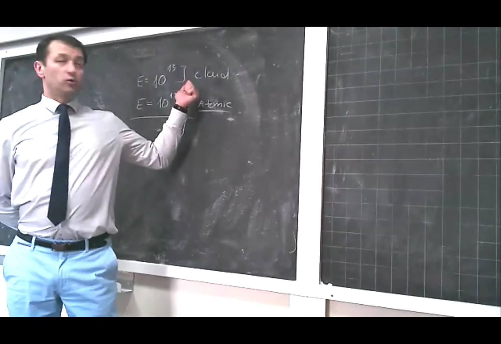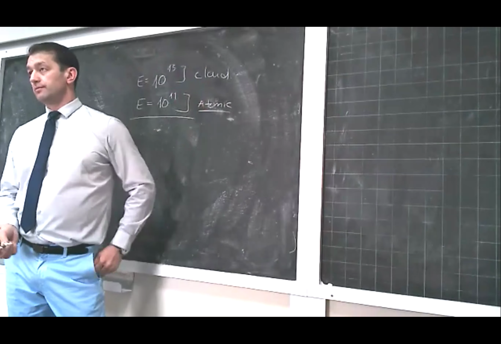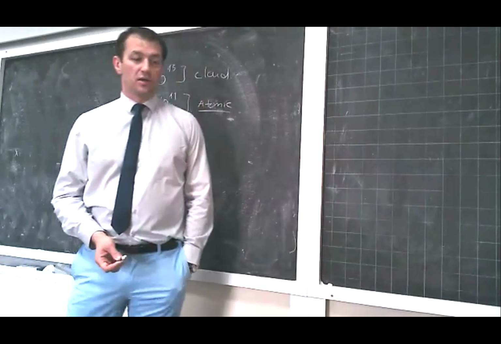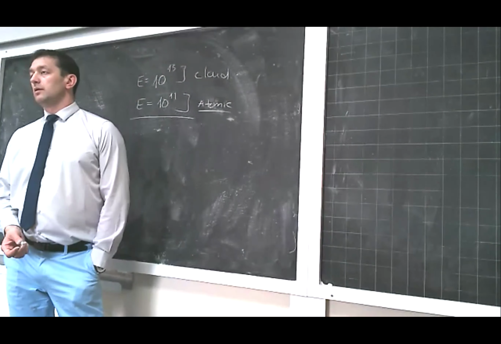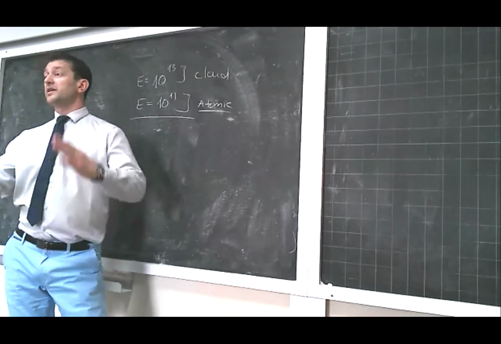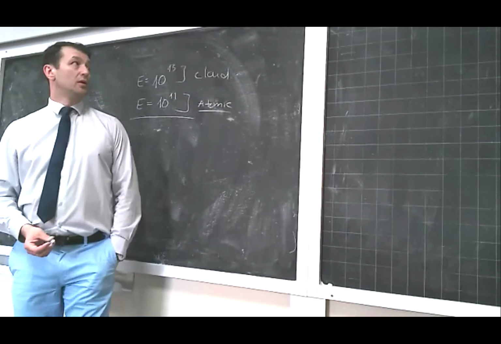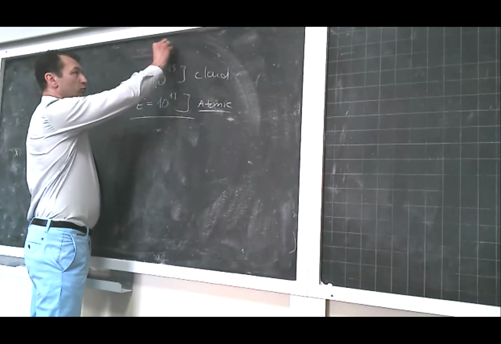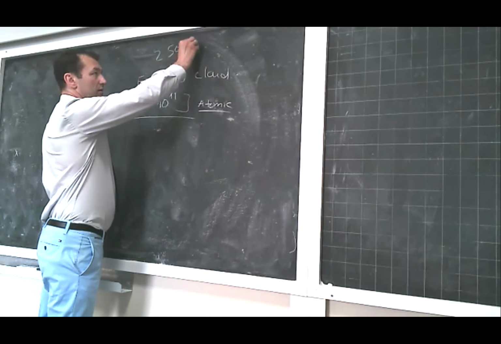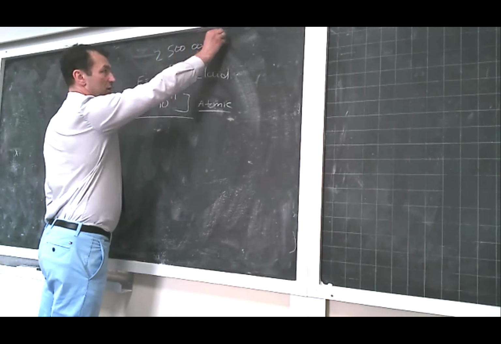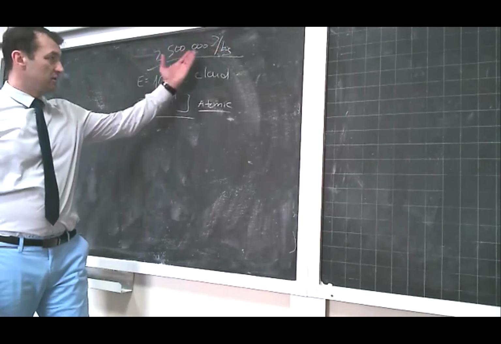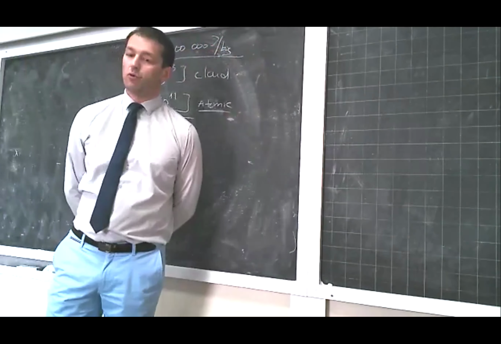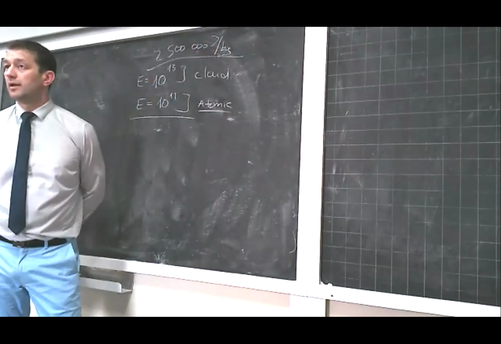And all this, or most of it, comes from condensation. Because, as we discussed in the first lecture, water vapor releases a large amount of latent heat, 2,500,000 joules per kilogram. So you condense 1 kilogram of water, this is how much energy you get.